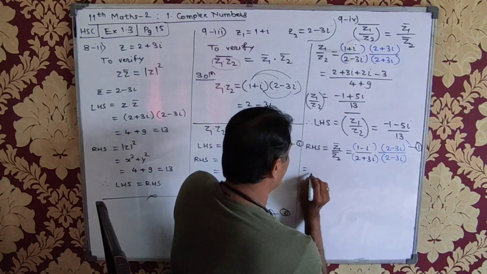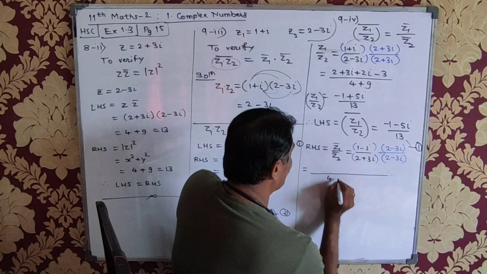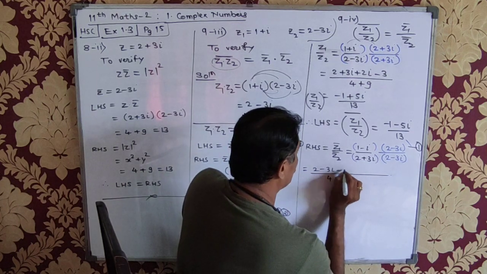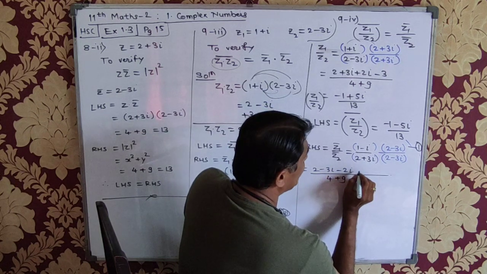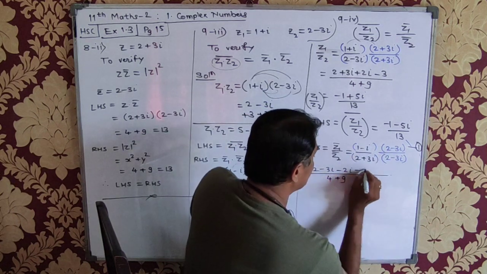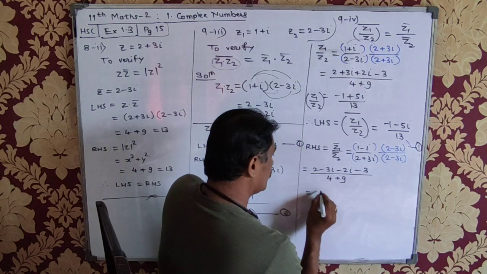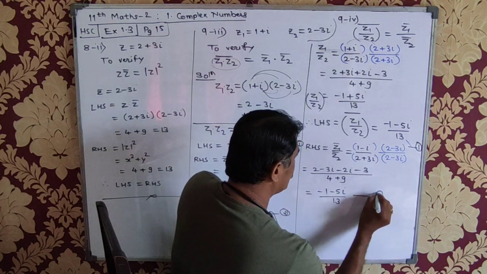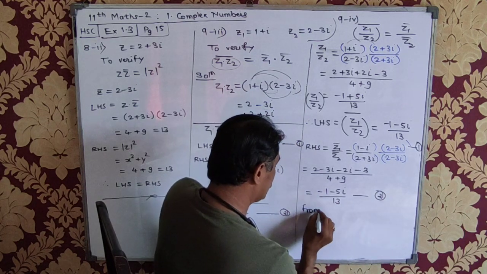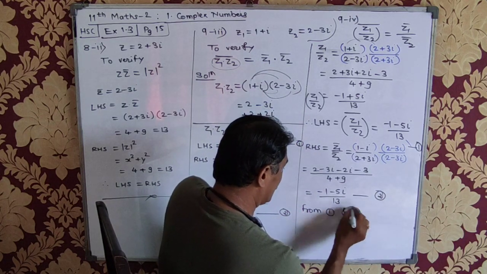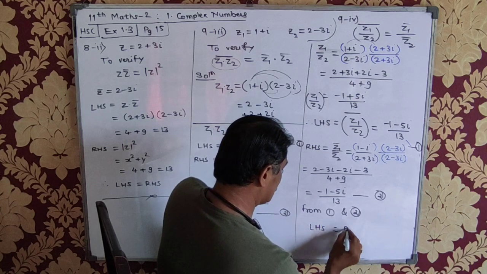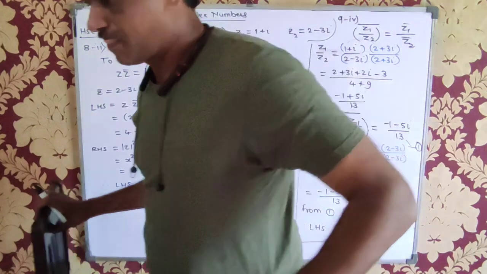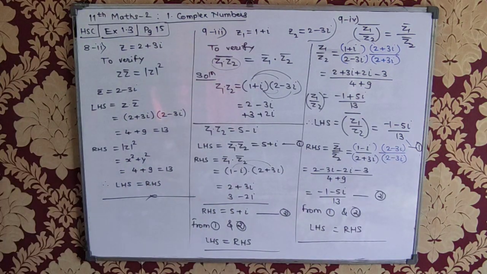This will give me 4 minus 9i square, which is plus 9, in the denominator. The numerator is 2 minus 3i minus 2i plus 3i square, which is minus 3. So that will give me (minus 1 minus 5i) upon 13, equation 2. From 1 and 2, LHS is equal to RHS. Is this okay? Any doubts about that? Please take the screenshot.